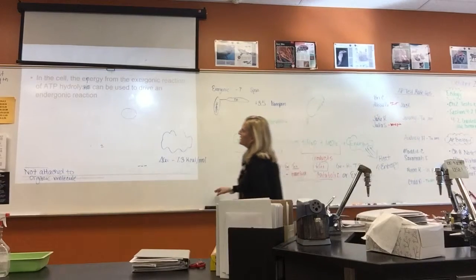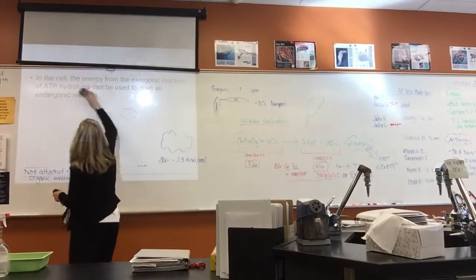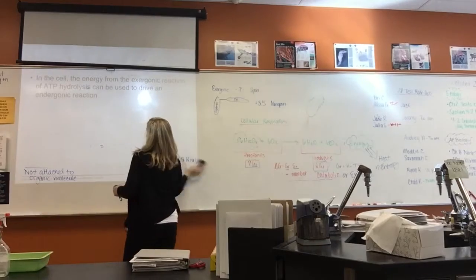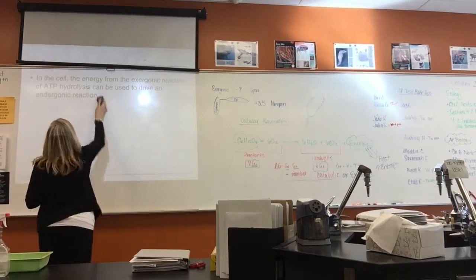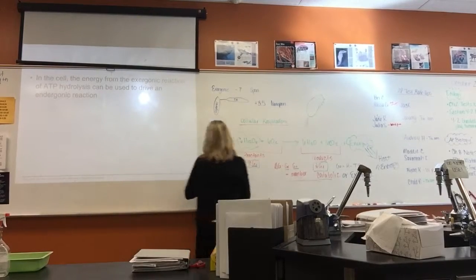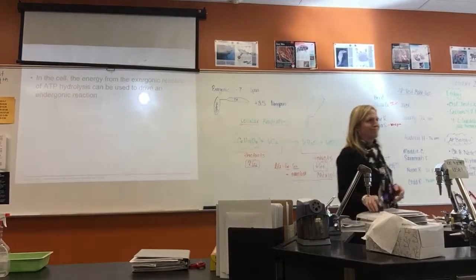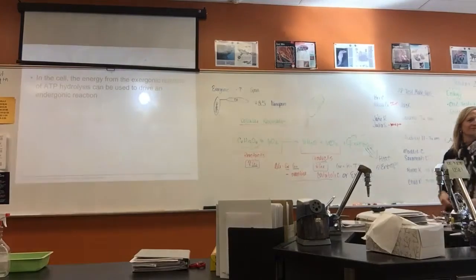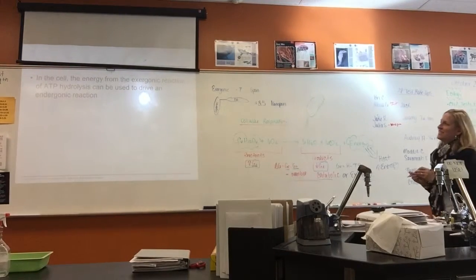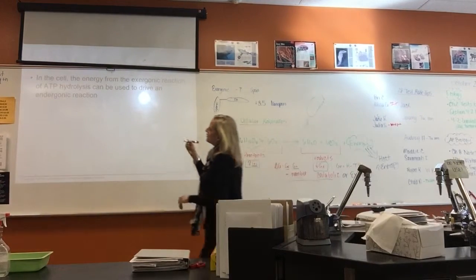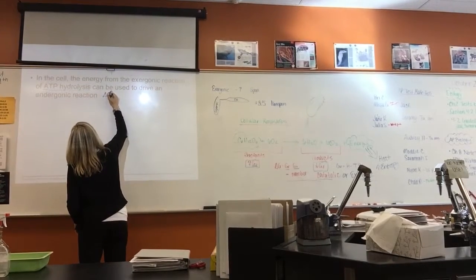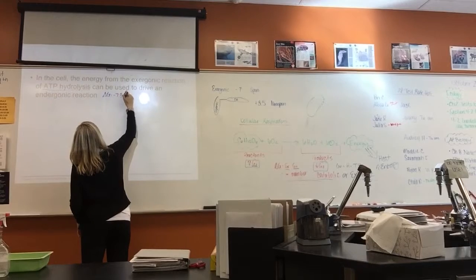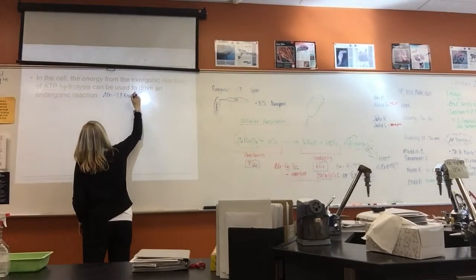So in the cell, the energy from the exergonic reaction of ATP hydrolysis can be used to drive an endergonic reaction. ATP hydrolysis, breaking down ATP, we just said releases negative 7.3 kilocalories per mole.